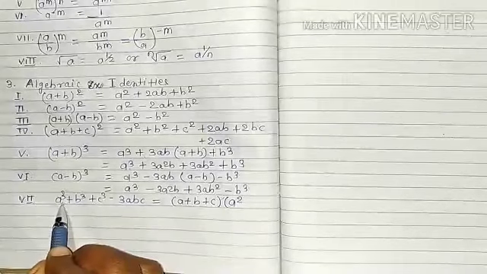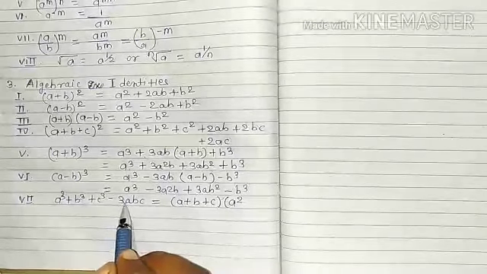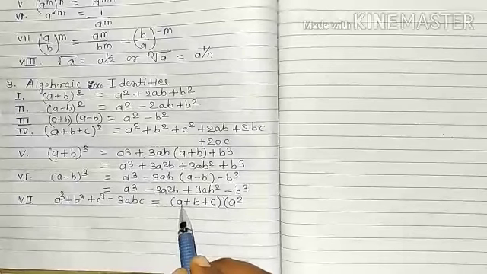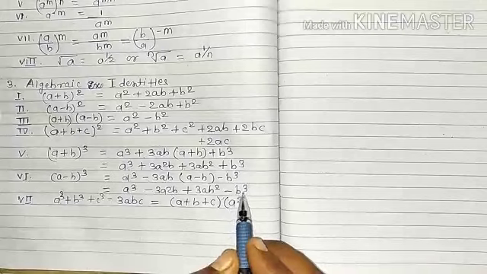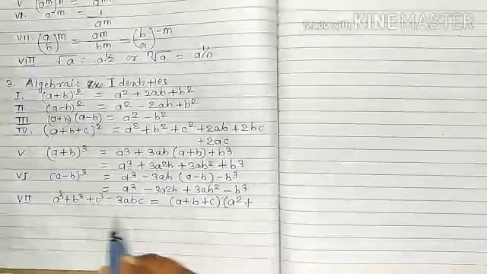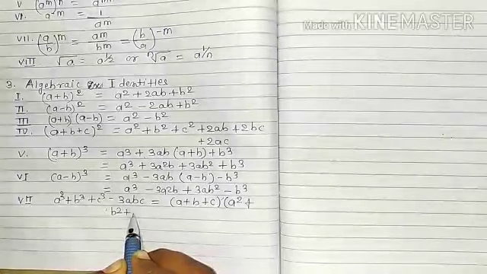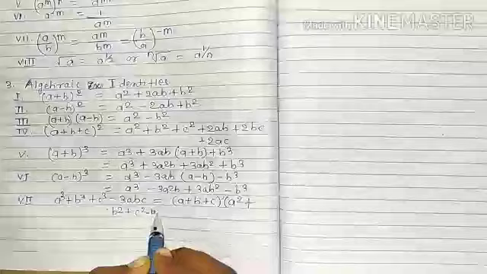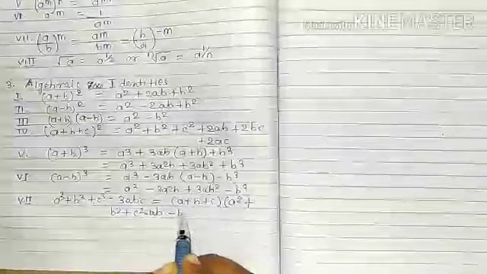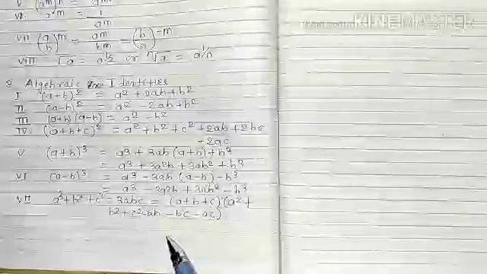Seventh identity, a cube plus b cube plus c cube minus 3abc is equal to a plus b plus c into a square plus b square plus c square minus ab minus bc minus ac.